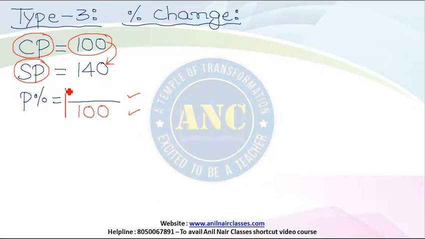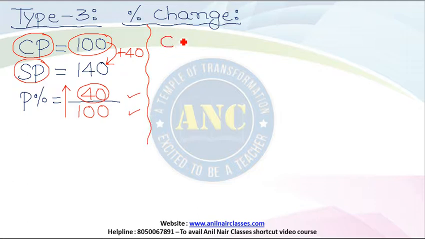That means there is an increase of how much? There is an increase of 40, right? From 100 there is an increase of 40 to become 140. Numerator will always represent how much increase is happening. Denominator will always represent your initial value. 40 divided by 100 is 40%.